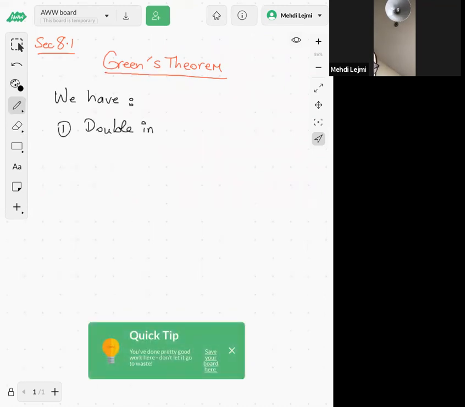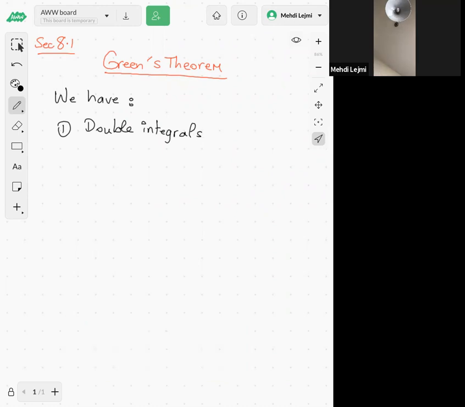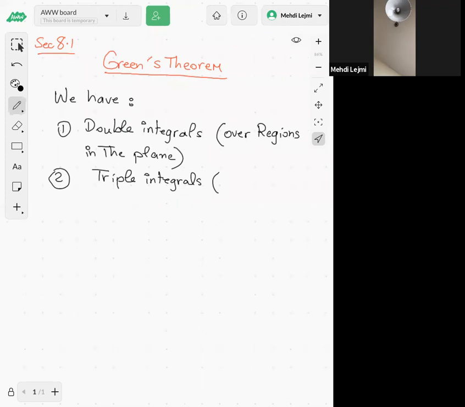That's the integrals over regions in the plane. So we integrate over regions in the plane, with two variables, x and y. We also have, of course, the triple integrals. So we integrate over solids in space.